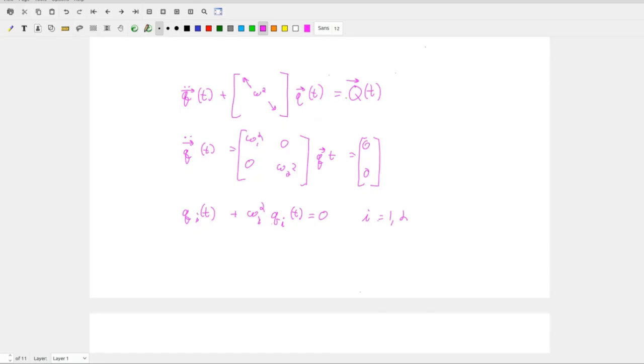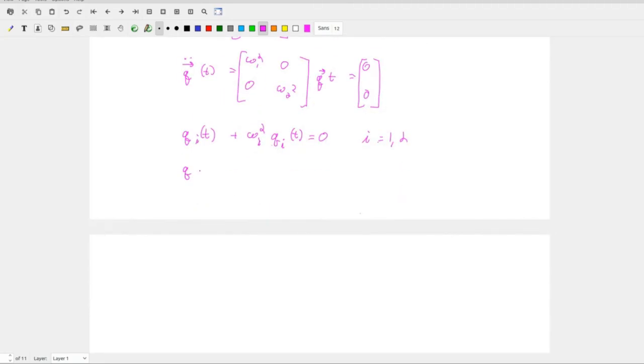So we have q_i of t is equal to q_i initial cosine of omega_i t, plus q_i naught dot over omega_i, sine of omega_i t.